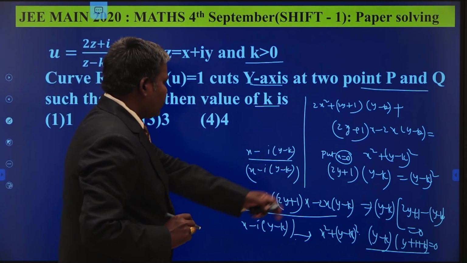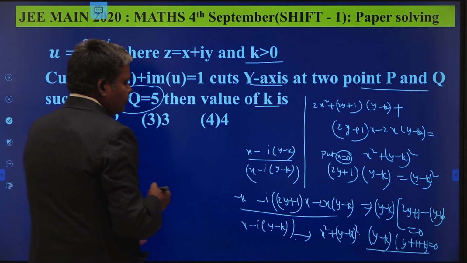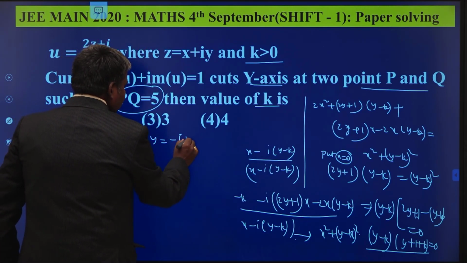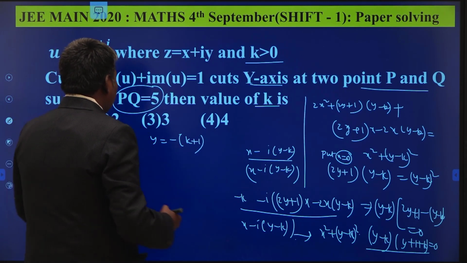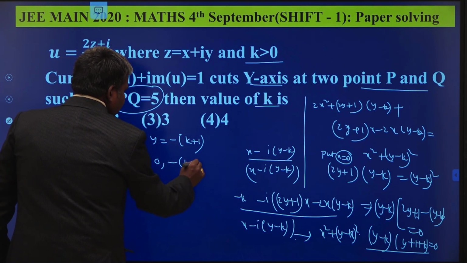So we have y = k, y = -(k + 1). What are their points of intersection now? (0, k) and (0, -(k + 1)).